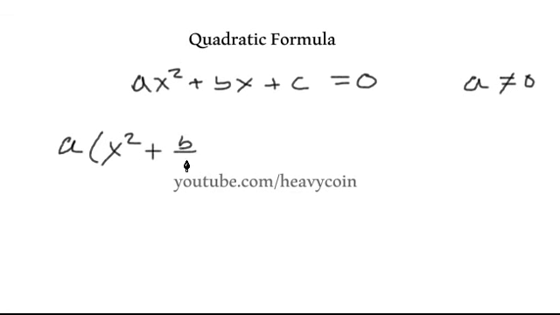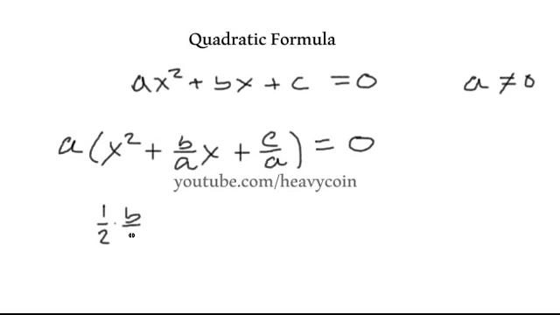So we end up with a times x squared plus b over a x plus c over a, and that's all equal to 0. Now we go through the same procedures we've gone through before on completing the square, except we're just working with letters here.